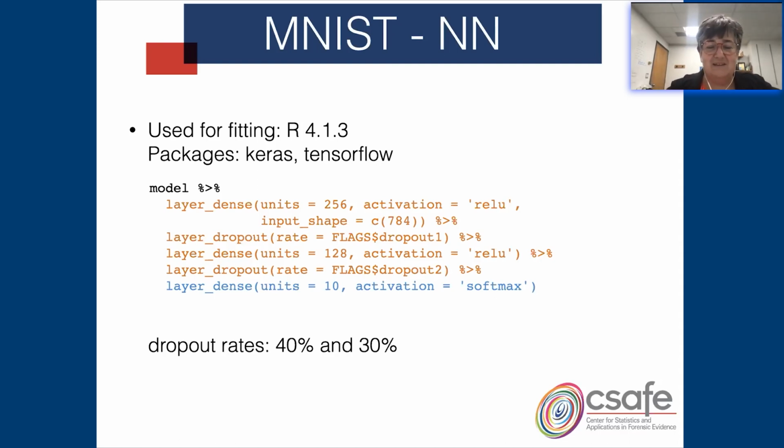So, and I'm actually going to show this in R. So I'm using R 4.13, and the packages that I'm using for deep learning is Keras and TensorFlow. So you might recognize those from the Python packages with the same name.